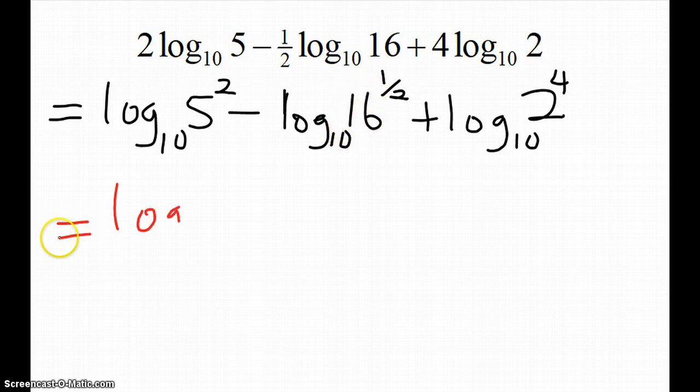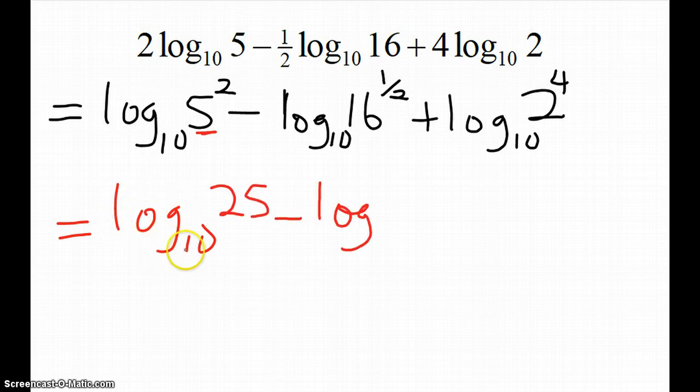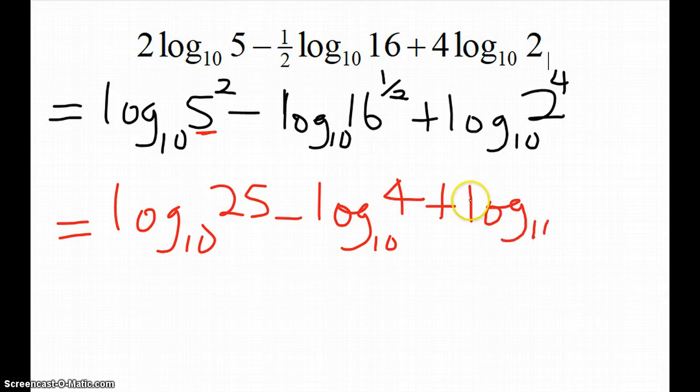I can write this as log base 10 5 exponent 2 is 25, log base 10 16 exponent half. We know from indices that 16 exponent half is the same as square root of 16, and that will give you 4, plus log base 10 2 to the power 4 is 16.